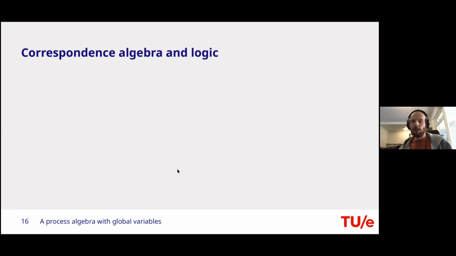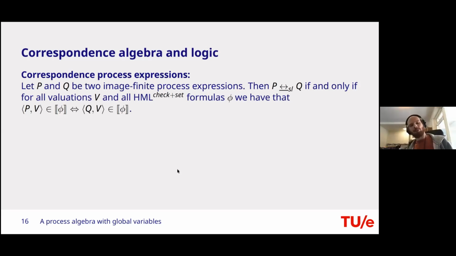So we've been able to show a nice correspondence between the process algebra and the logic. My apologies for the wall of text, but I wanted to spell this out more exactly.